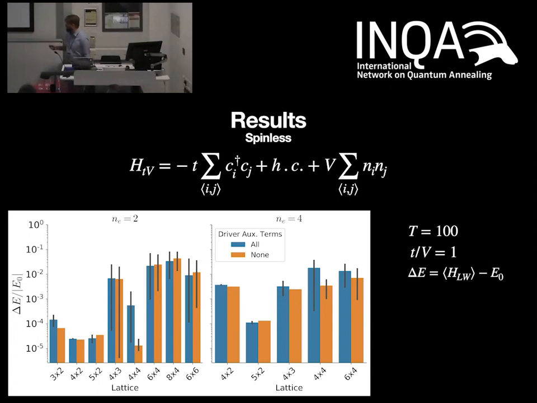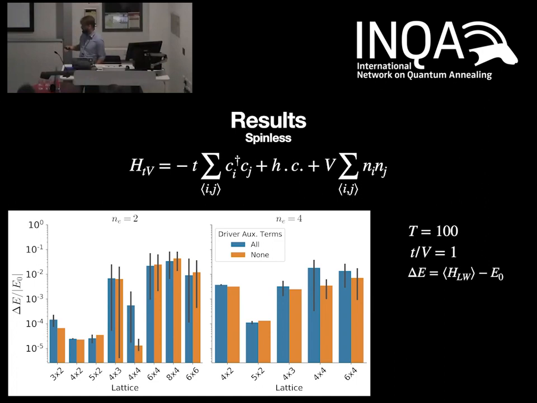And here I'm comparing: the orange one is fully local, without the extra stabilizer terms in the driver, and the other one means that we also have driver terms that are non-local.